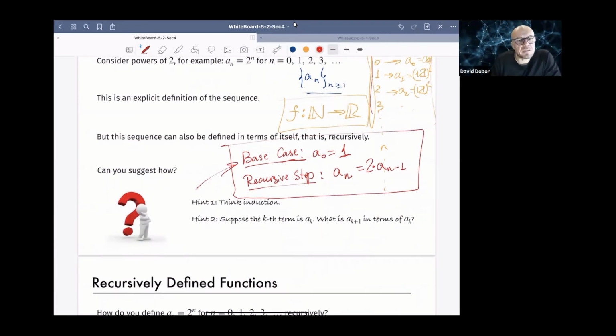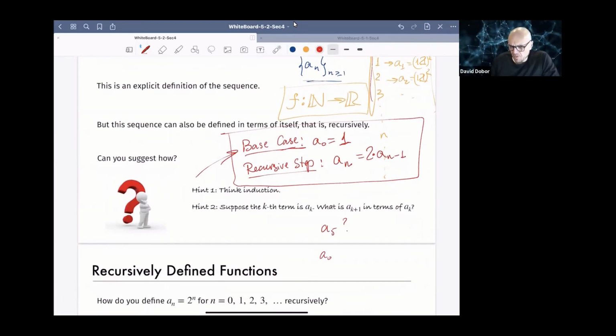If you ask me using the recursive definition, I'll say, well, I don't immediately know what a sub 5 is, but I can compute it for you because I know what a0 is. It's 1. And I know that a1 is going to be 1 times 2 according to the recursive step. So that's going to be 2. A2, I don't know what it is yet, but I know that the previous term was 2. So it's going to be 2 times 2 according to the recursive step of the definition.